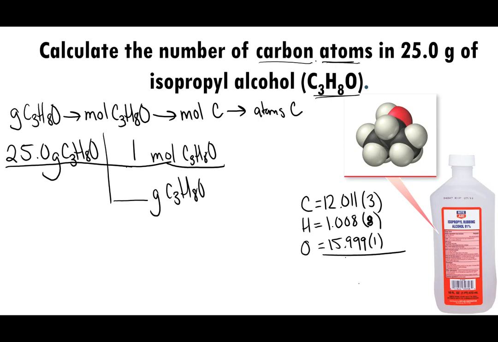And then once I get all that, I'm going to add it together. Okay. So 12.011 times 3 plus 1.008 times 8 plus 15.999. So I get 60.096. So that's the number that goes down here.